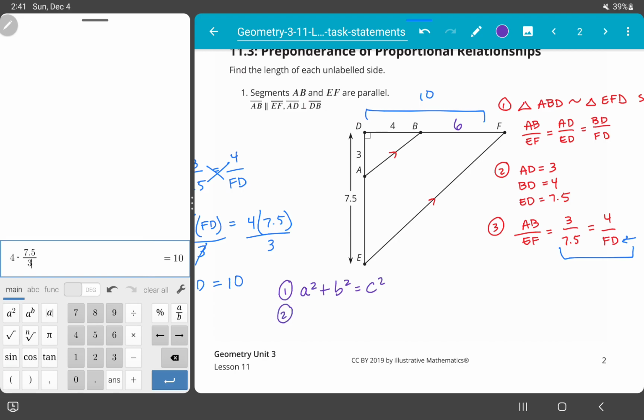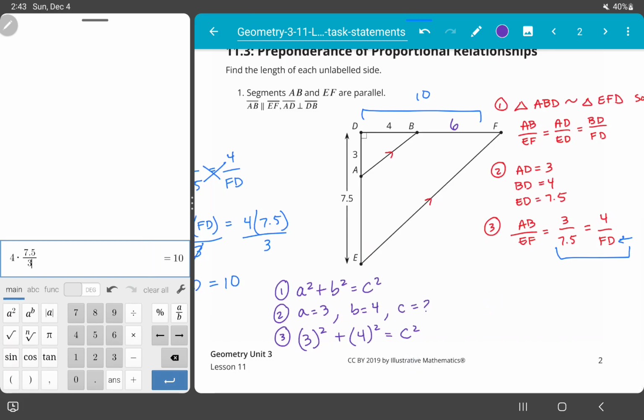And in this case, my a value is 3. My b value is 4, and I don't know what my c value is. I can plug these in, so we got 3 squared plus 4 squared equals c squared.